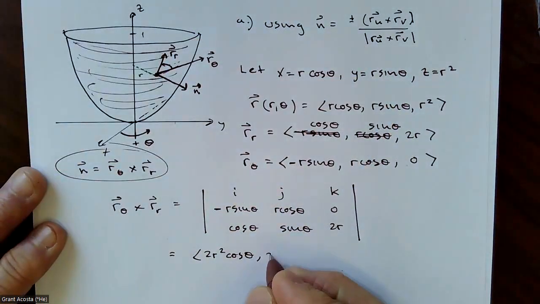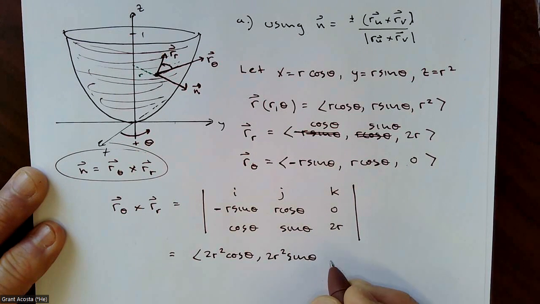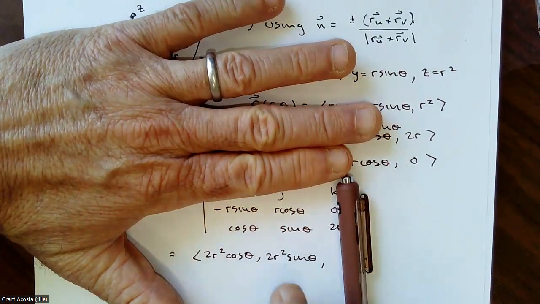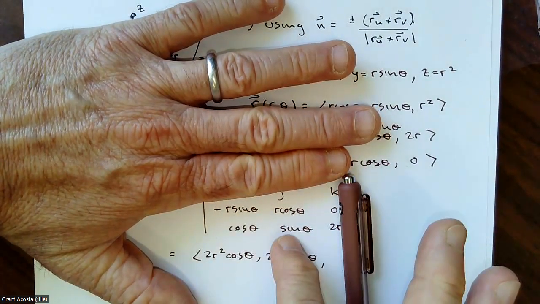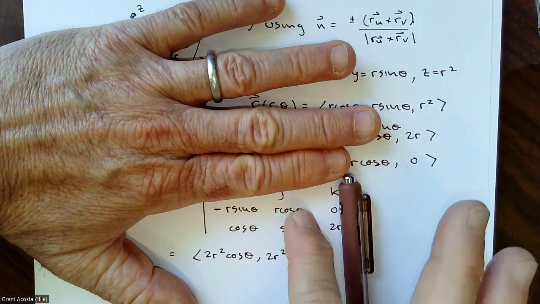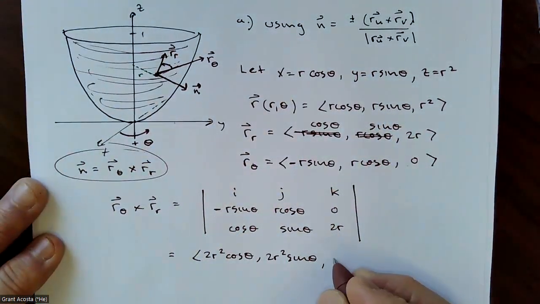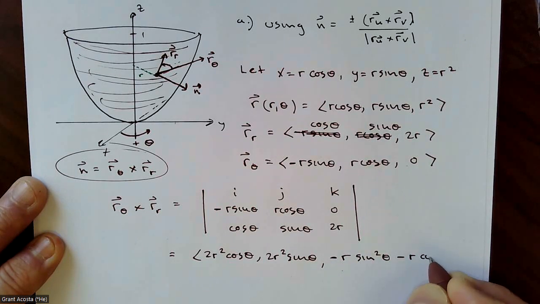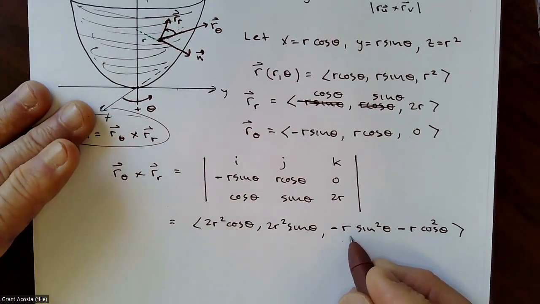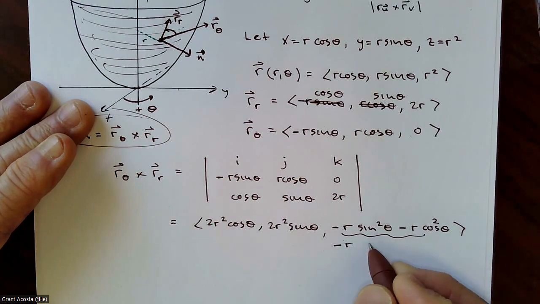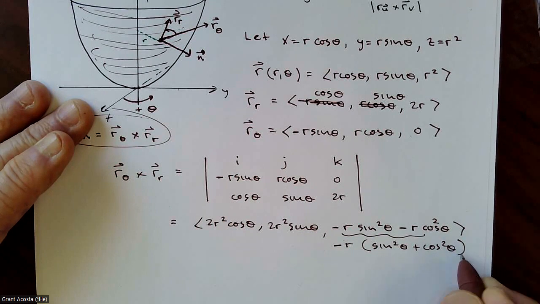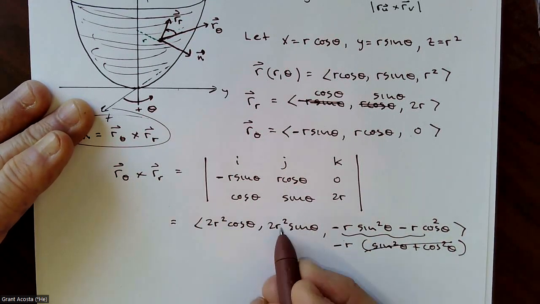So that's going to be positive 2r squared sine theta. And then negative r sine squared theta minus r cosine squared theta. Which can be reduced, right? This is the same thing as negative r times sine squared theta plus cosine squared theta, which is 1. So it's really just negative r.